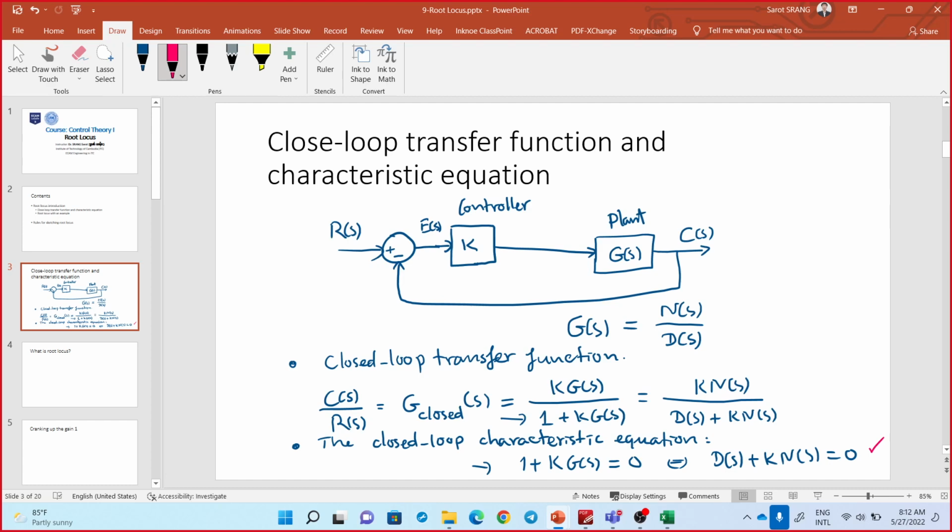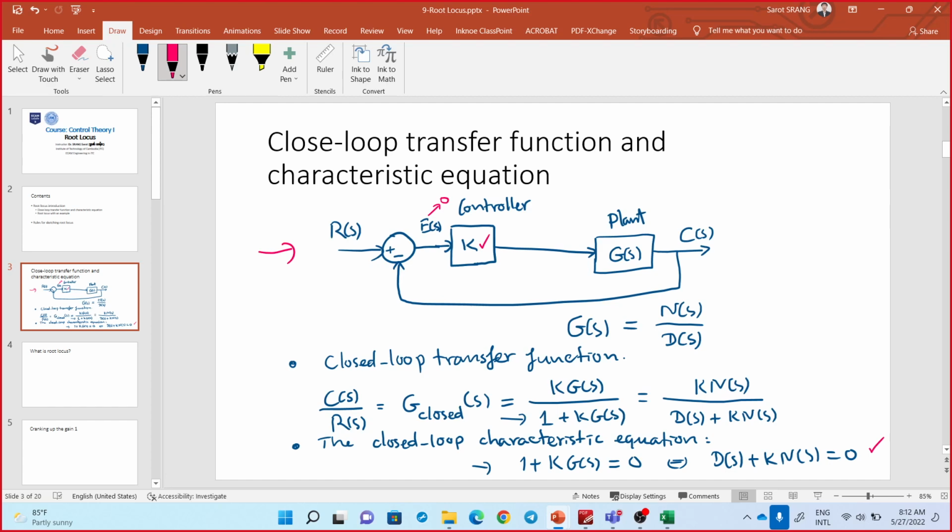Again, let me recall the objective of controller design. The goal is to choose the right K such that the error tends to 0. Now we have the characteristic equation in this form and K appears in here.